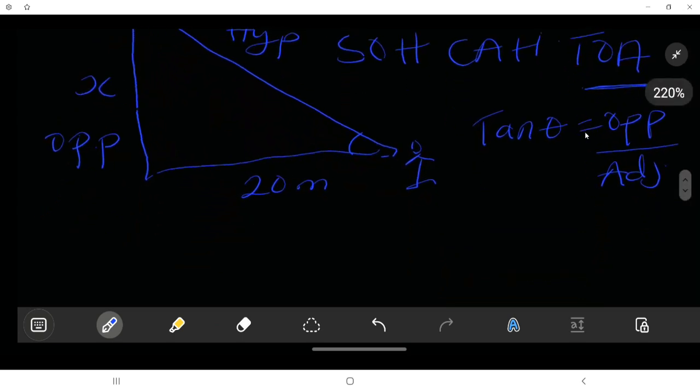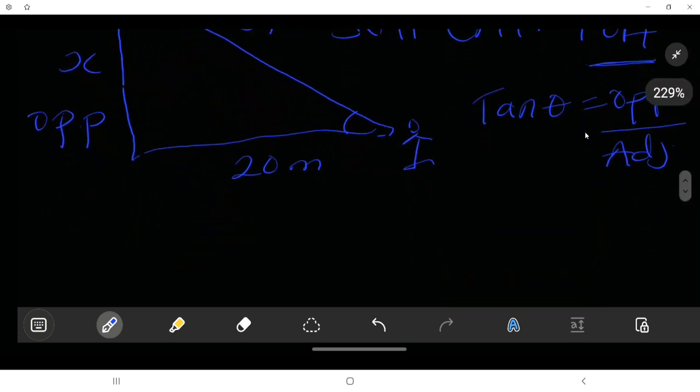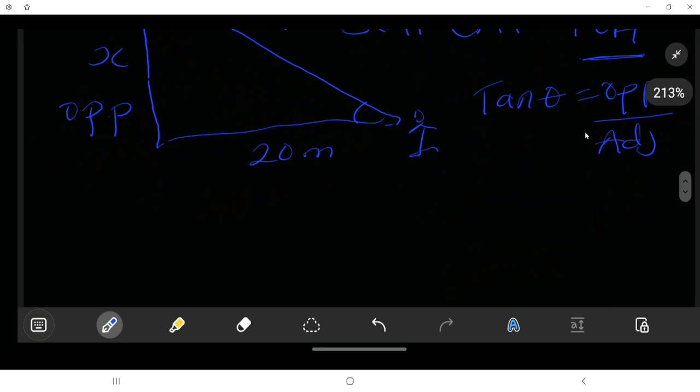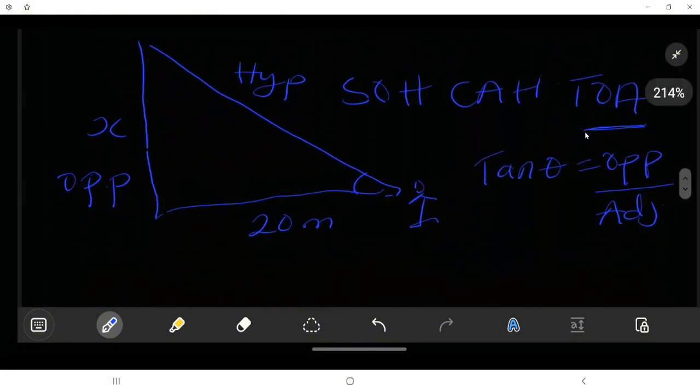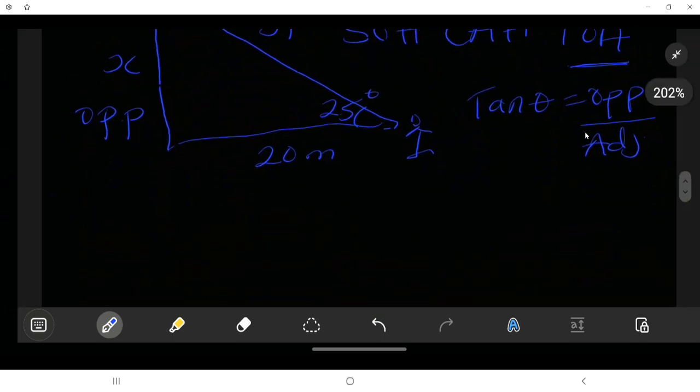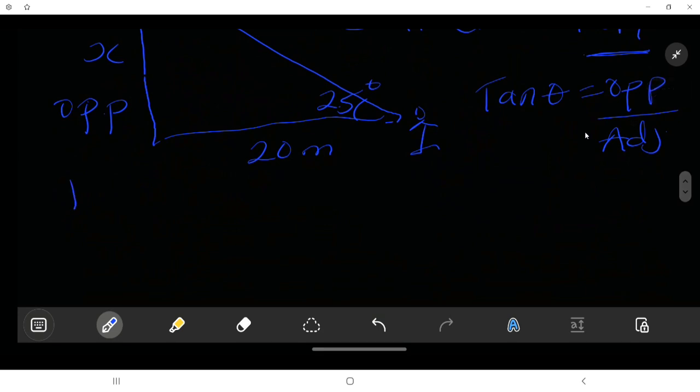Okay, let's proceed. Remember it says that the angle is 25 degrees. Let me just check it again. Yeah, 25 degrees, so this is 25. So we have tan theta, in this case theta is 25, so tan 25 equals the opposite, which is x, over the adjacent, which is 20 meters.